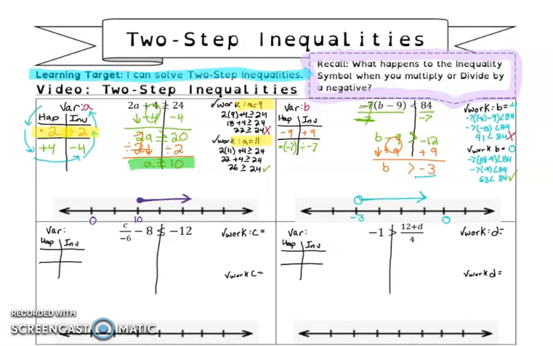Okay, let's do this next one here, the very first bottom one. So our variable is C. And if you remember when we were talking about order of operations, we said fractions were groups, right?